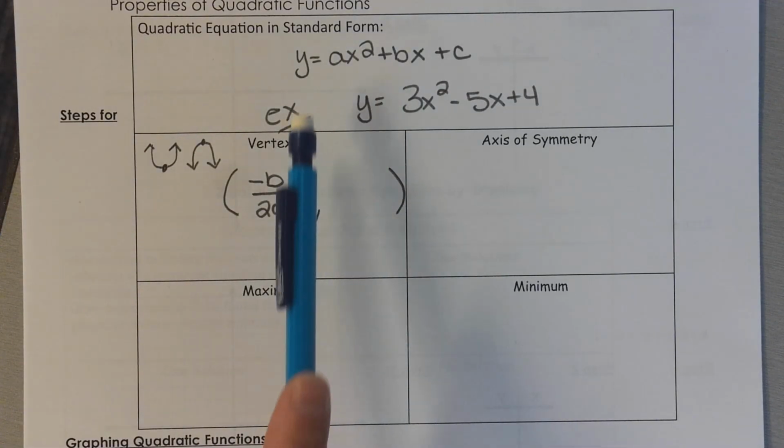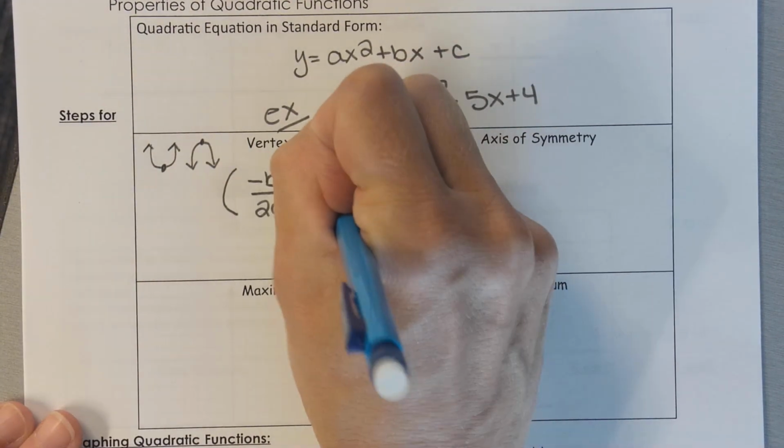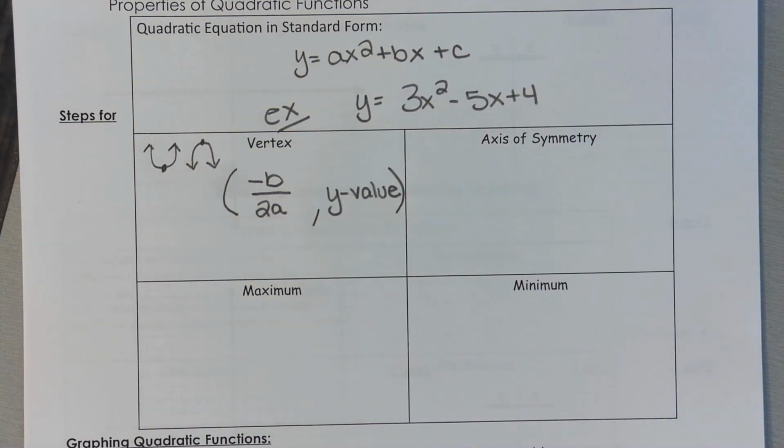So remember the a's, b's, and c's up here? If we plug in the a and the b here, we can find our vertex. And then once we do that, we can go back through and find our y value. And I'm going to show you how to do this whole process in a minute. So right now I'm just giving you the formulas and the basic information, but we're actually going to do it together in a moment.